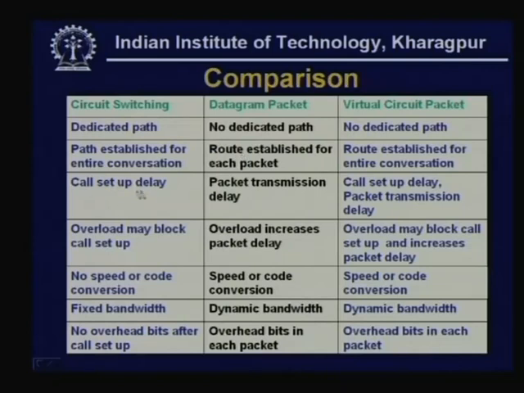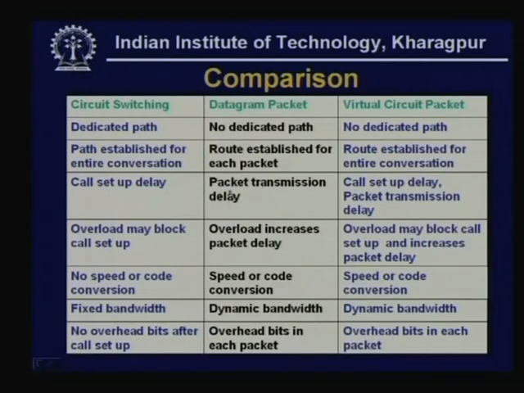Now, let us come to the call setup delay. We have seen that circuit switching has call setup delay, which is necessary for establishing the path before any data transfer. In datagram packet switching, there is packet transmission delay. There is no call setup delay.